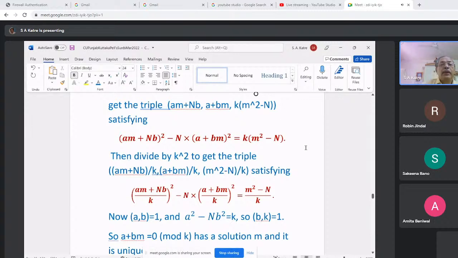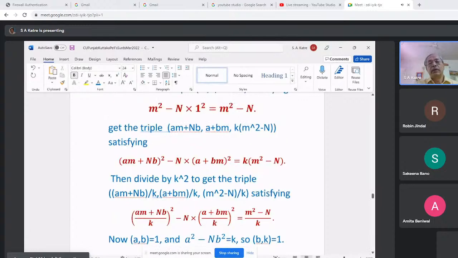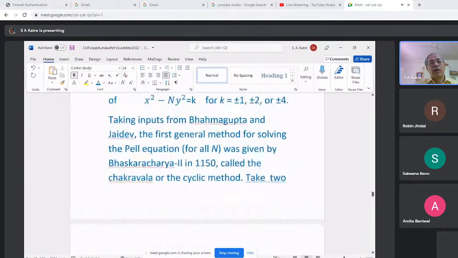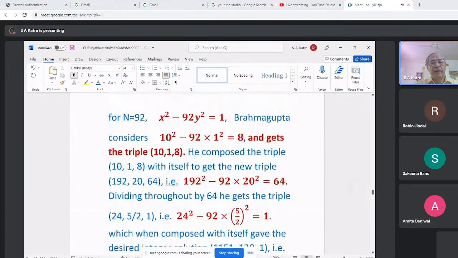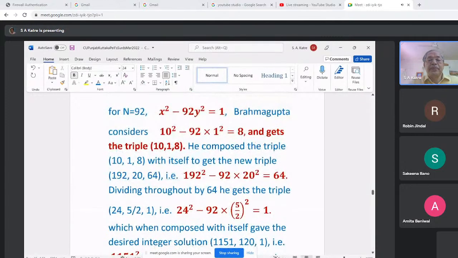Now you are dividing by k square. Now it may surprise you that in the method of Brahmagupta, in this example, this 64 was a square. It was 8 square. And you are dividing by 8 square.